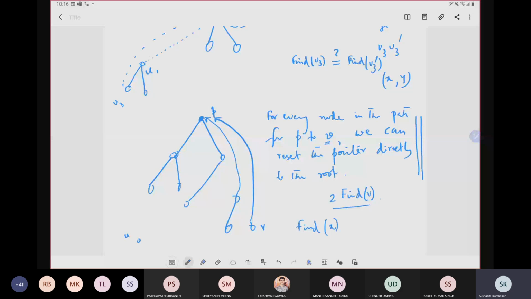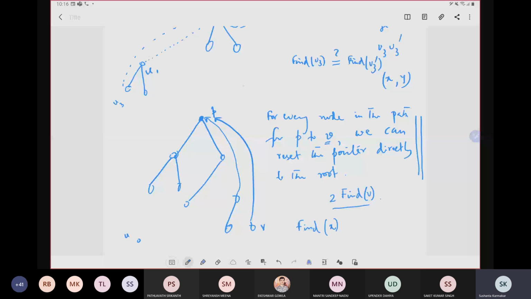If x belongs to any node in this P to V path, then in that case, find of x takes a constant amount of time, because just by one step I can know the name of the component.